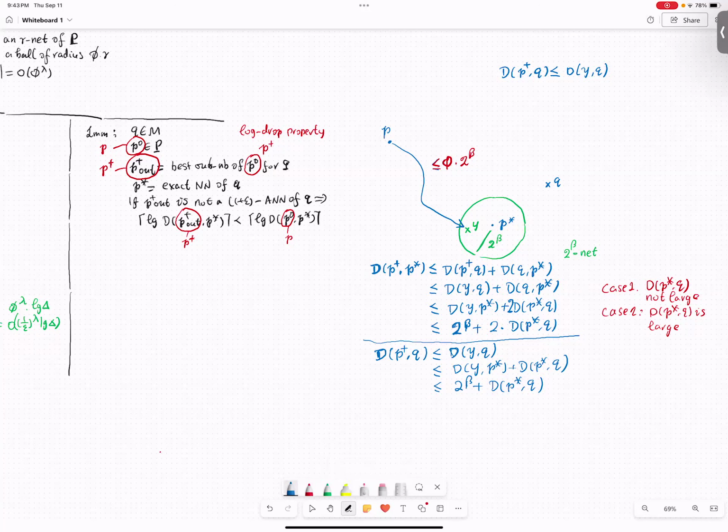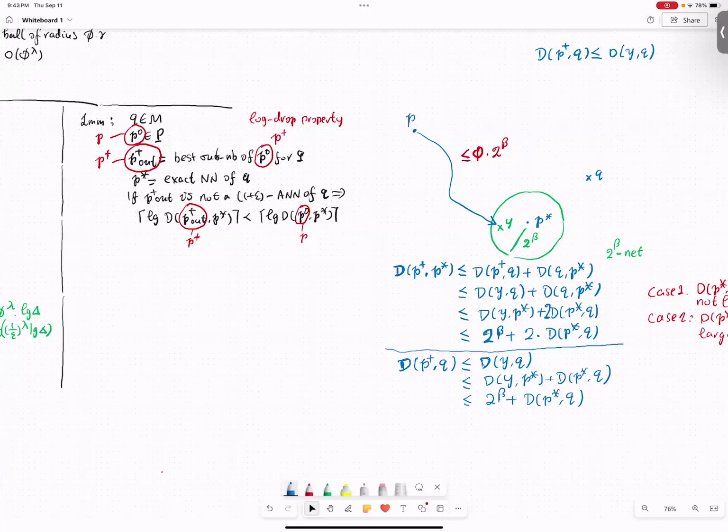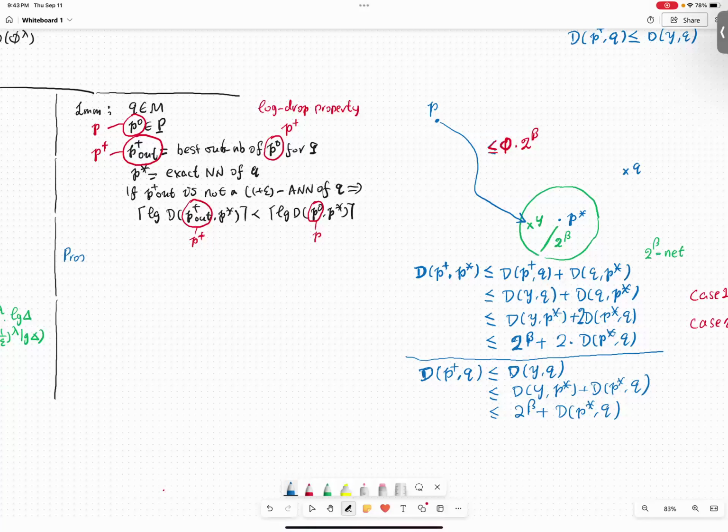All right, so let's write out a proof formally. Let's prove it. So I'm going to introduce this alpha. This alpha basically is the right hand side here.